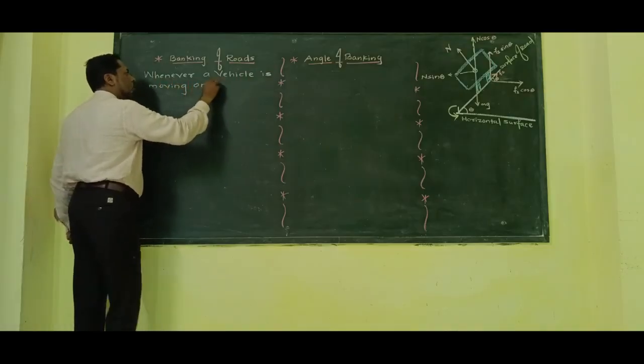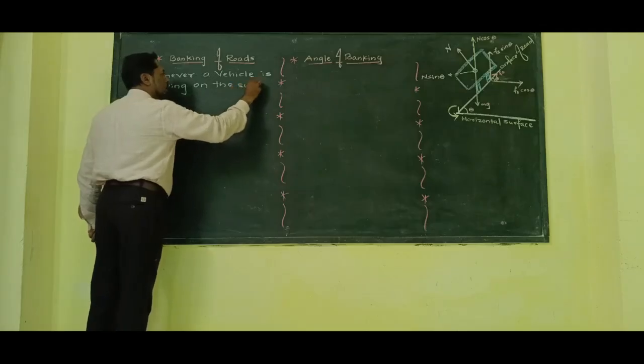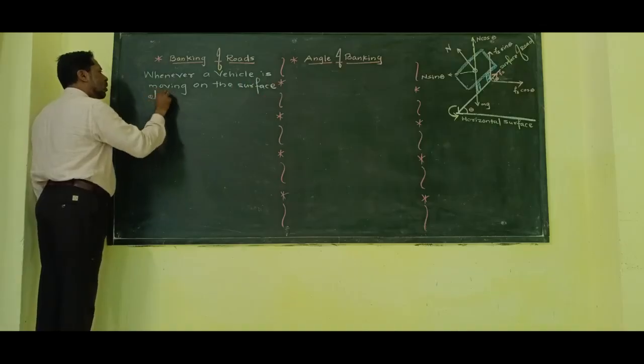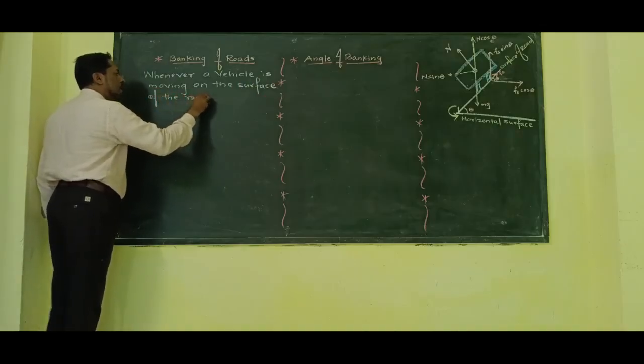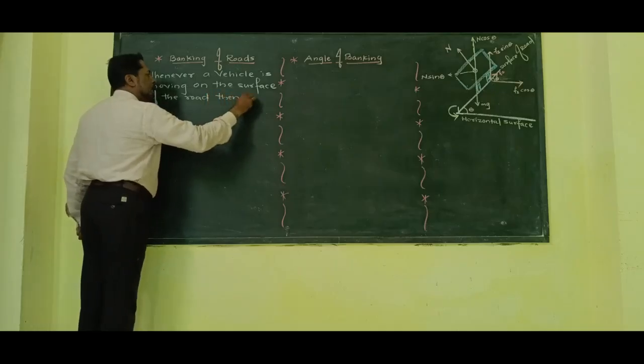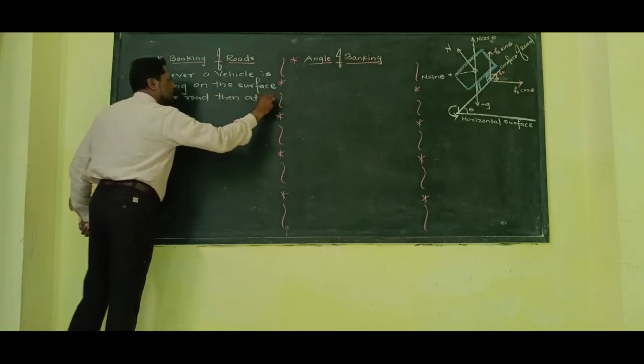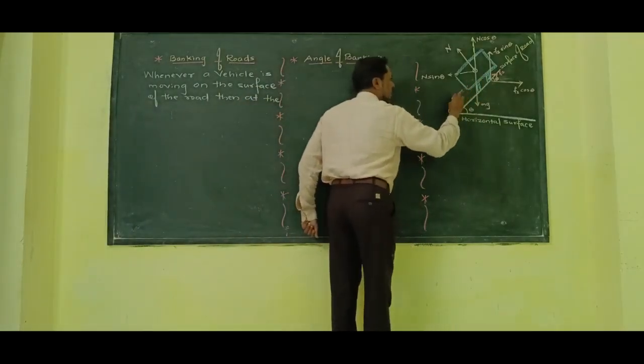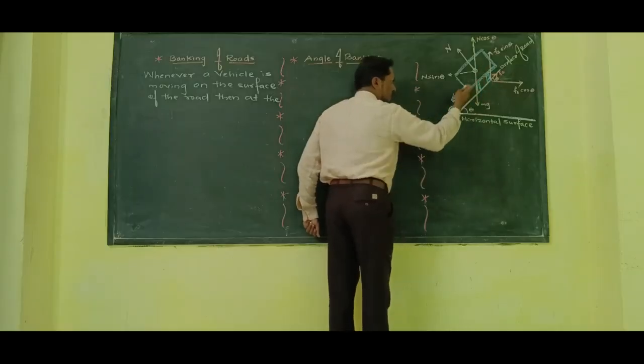on the surface of the road, whenever a vehicle is moving on the surface of the road, then at the turn, see in the diagram, this is the vehicle, it is moving on the surface of the road.